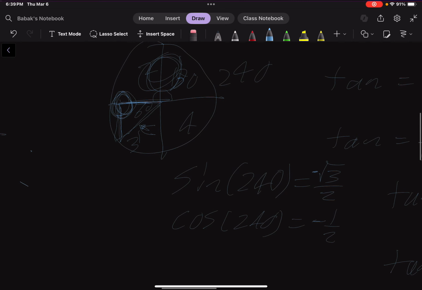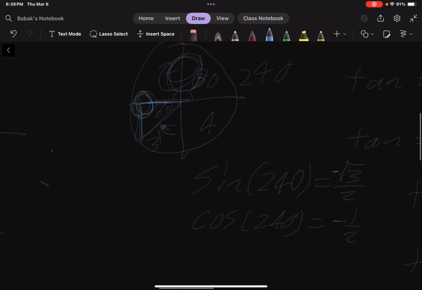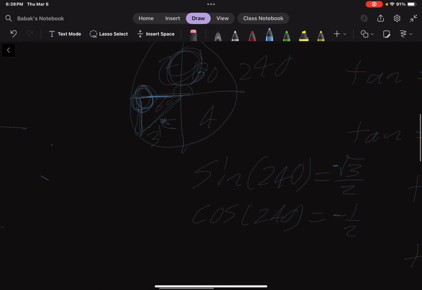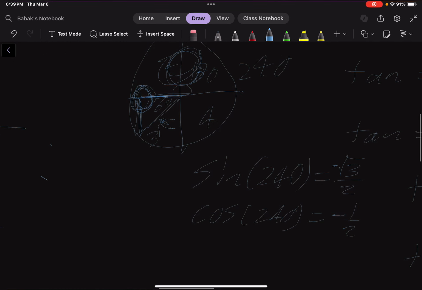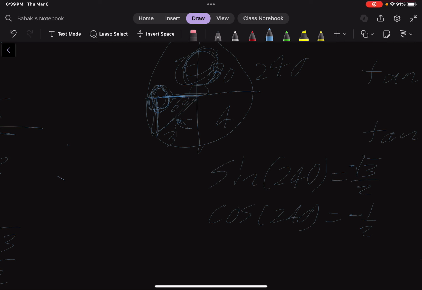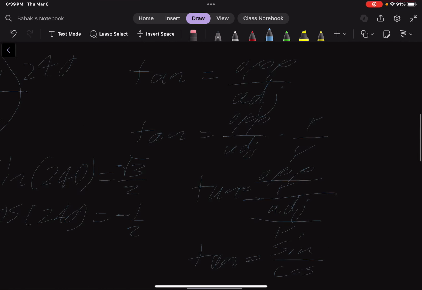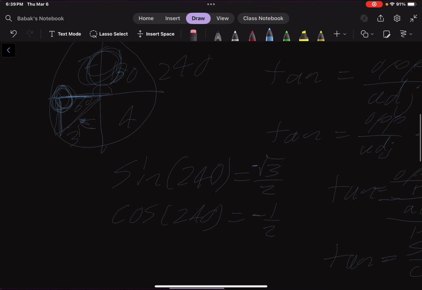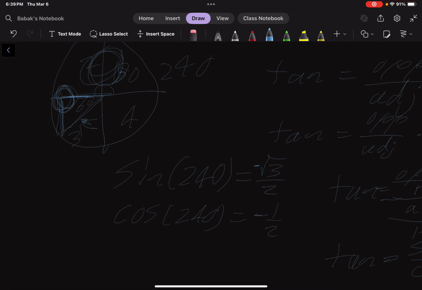And furthermore, based on this, we can see, for example, in quadrant 3, wherein both sine and cos are negative, tan will be positive, since it's a division of a negative number by a negative number.